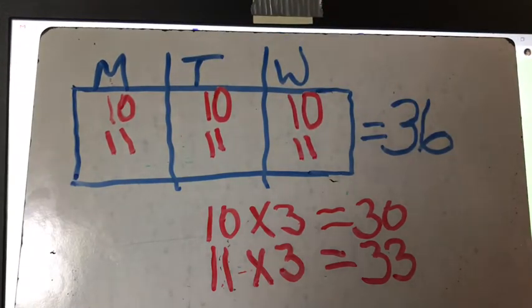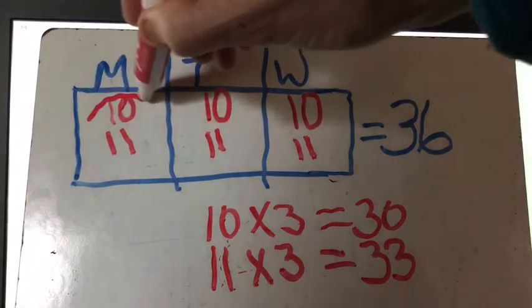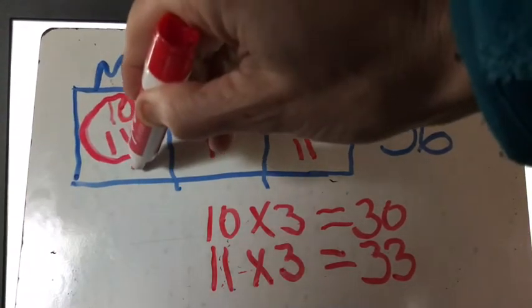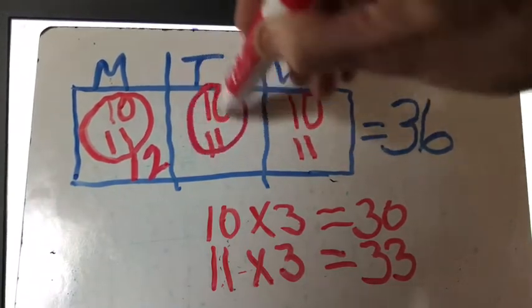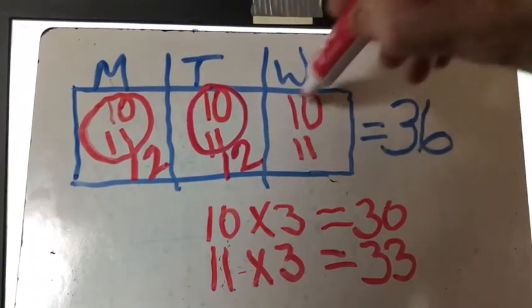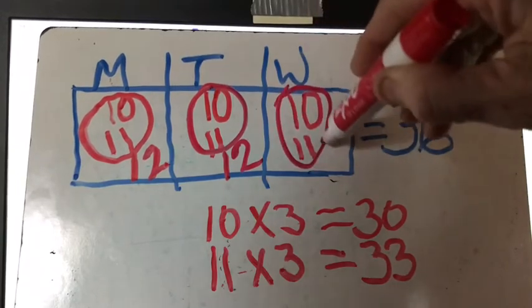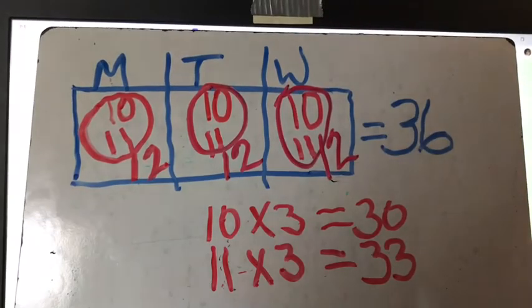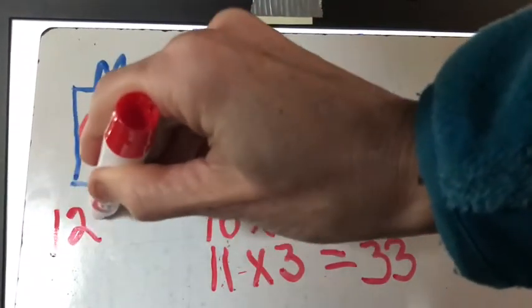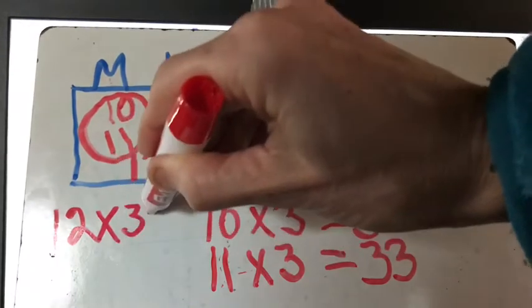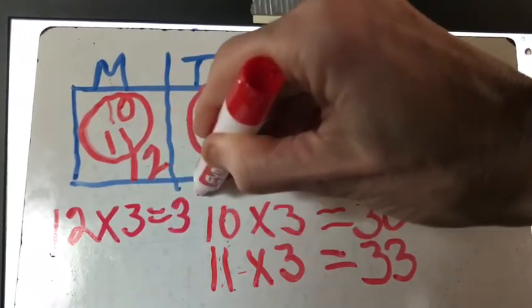So now I know that the 10 plus the 2 will give me 12 for each day. So 12 plus 12 plus 12 will give me 36. Or 12 times 3 equals 36.